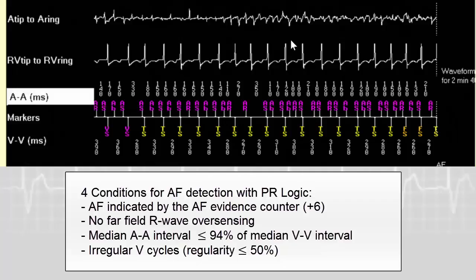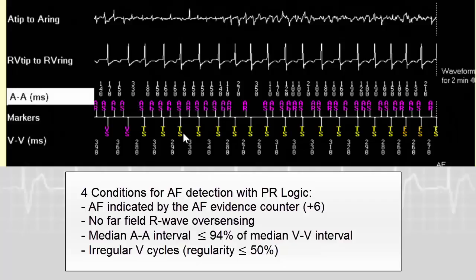The last step to arrive at the diagnosis of conducted atrial fibrillation will be the differentiation between conducted AF and dual tachycardia, so VT plus atrial fibrillation. This is going to be based on the analysis of the ventricular regularity.